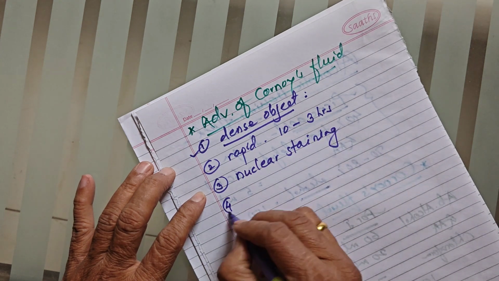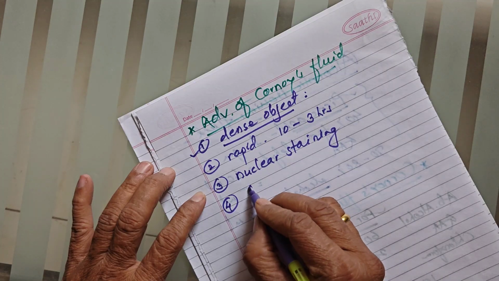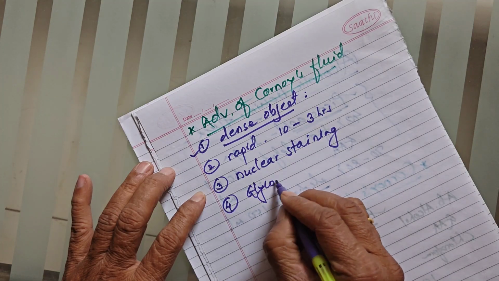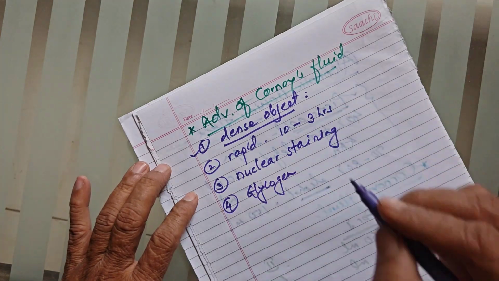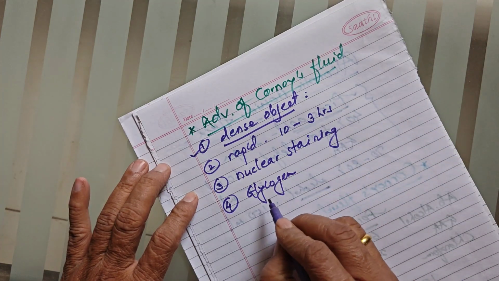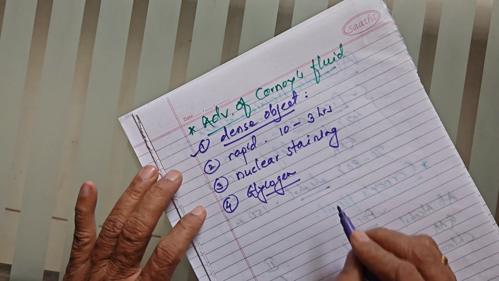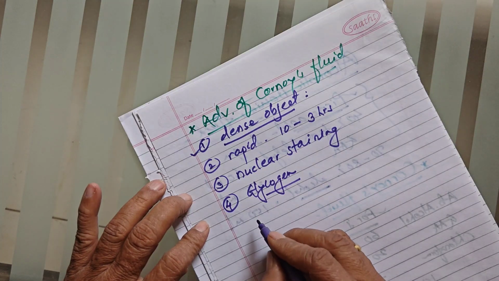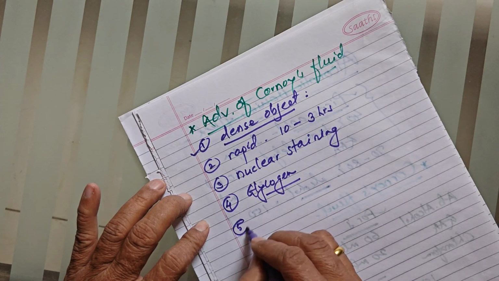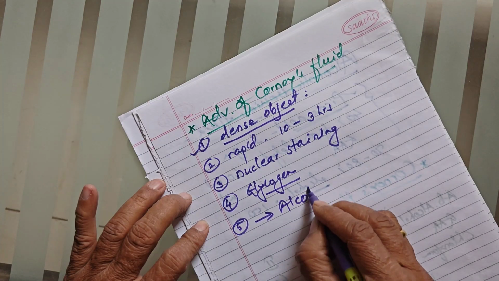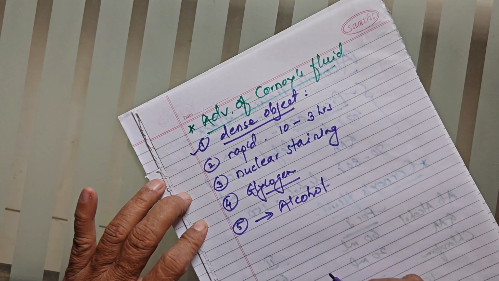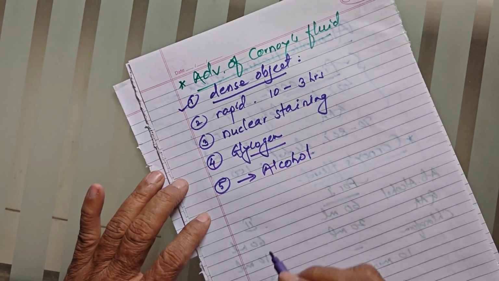The fourth advantage is that glycogen is preserved. That is, if Carnoy's fluid is used on the tissue, glycogen is preserved very well. And after fixation, the tissues are directly transferred to alcohol. So these are the advantages.